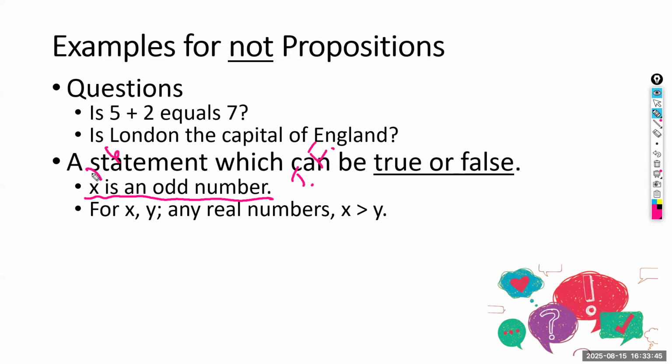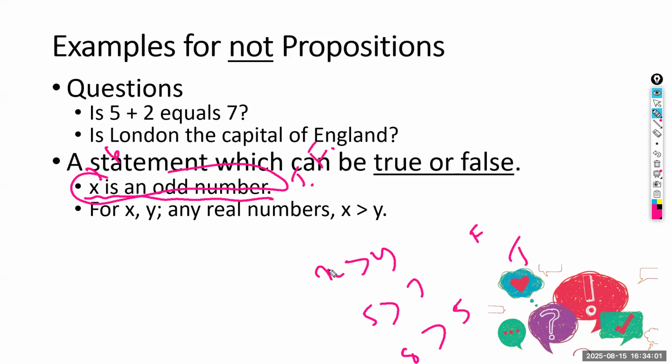Therefore, this is not a proposition. Say x is greater than y, not a proposition because it depends. If these are 5 and 7, this is false. But 8 and 5, this is true. So depending on your x and y values, this can be true, this can be false. So then it is not a proposition. But definitely 5 greater than 7 is a proposition.